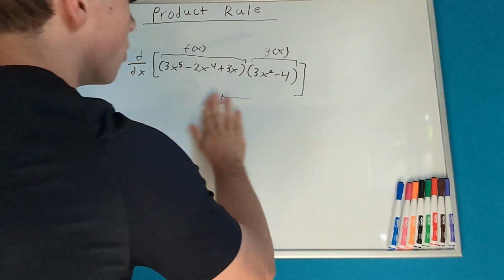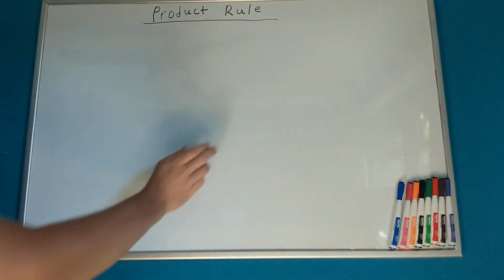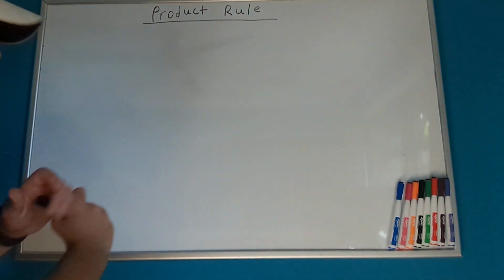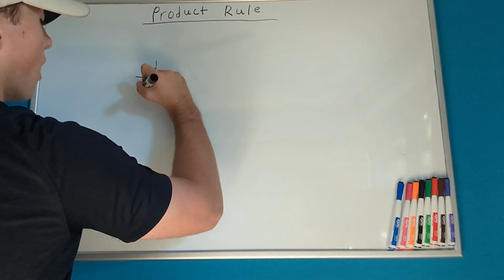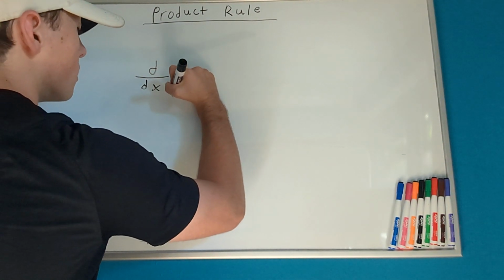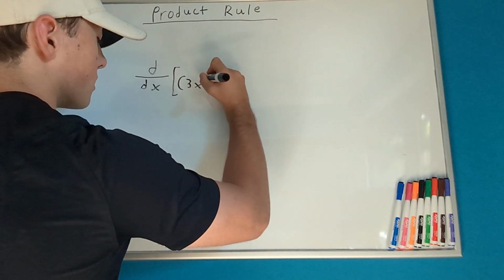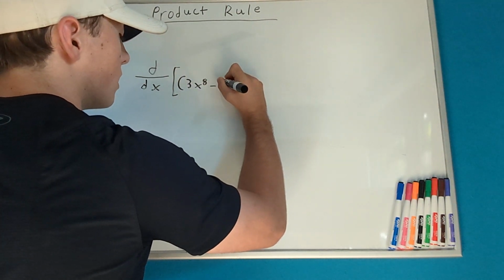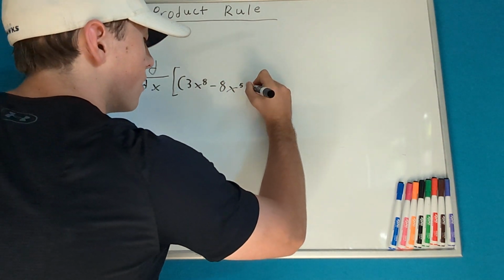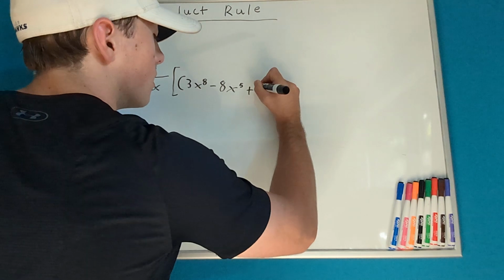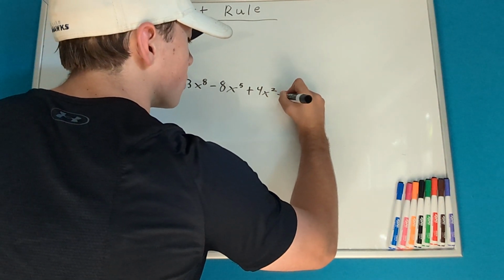So I'm going to leave you with an example for you to figure out, and I strongly suggest that you do this. Find the derivative of 3x to the 8 minus 8x to the 5th plus 4x squared minus 3.